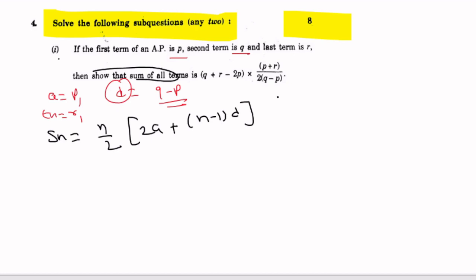Now here we have A and D, but do we have the value of n? No, we don't have any value of n, and in this question we don't have n anywhere. It means you have to do something to remove the n.